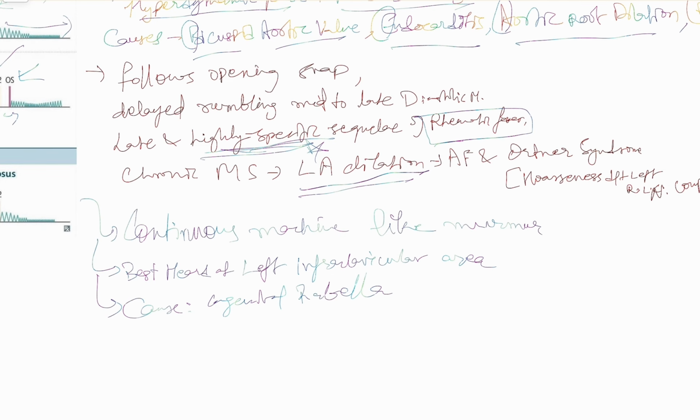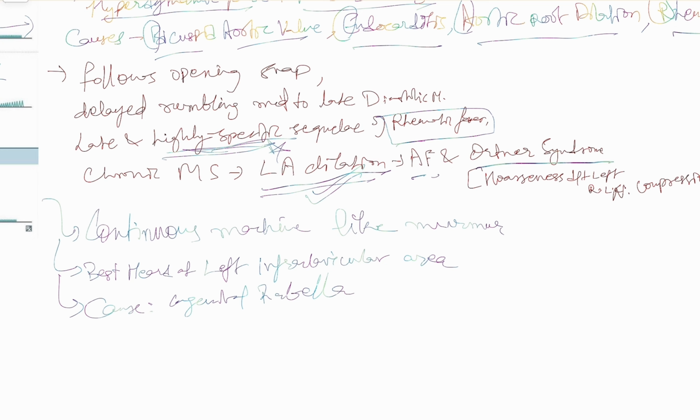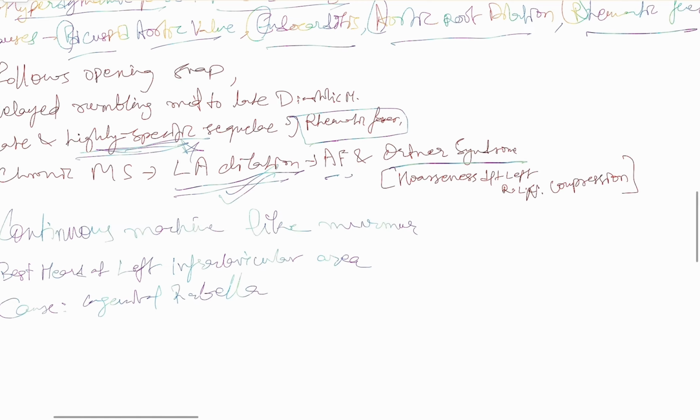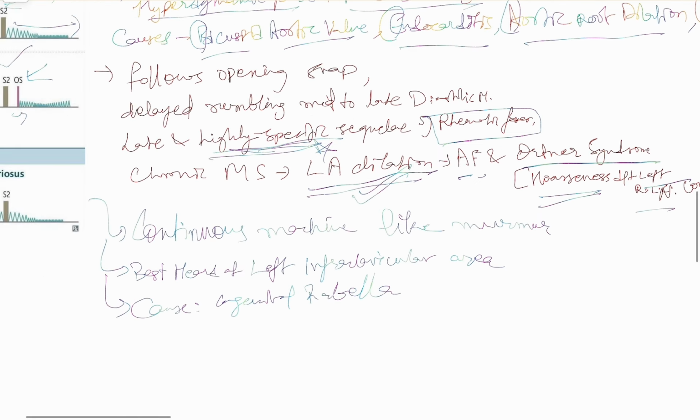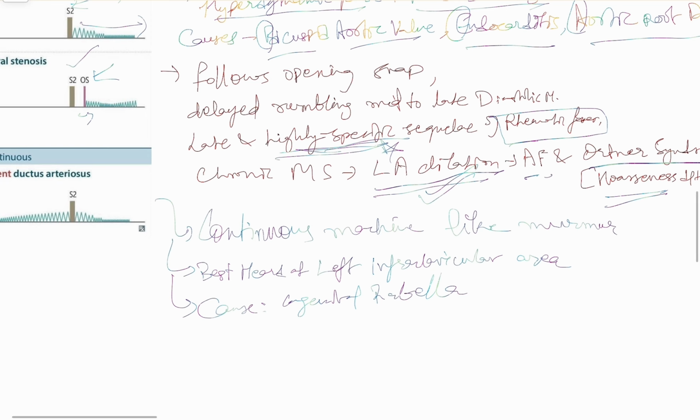And we know that left atrial dilation can lead to atrial fibrillation and Ortner syndrome. Ortner syndrome is basically when the increased volume of the left atrium causes compression of the left recurrent laryngeal nerve, which leads to hoarseness. So that is Ortner syndrome.